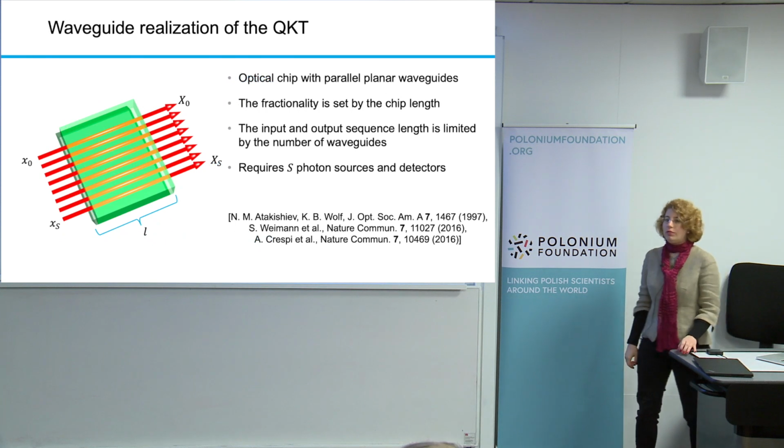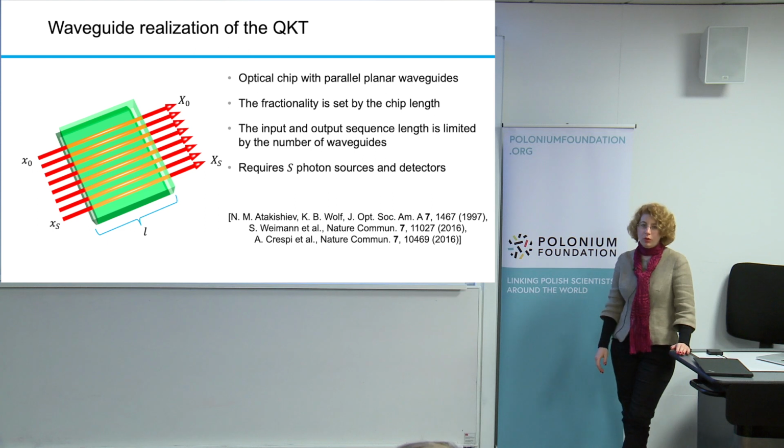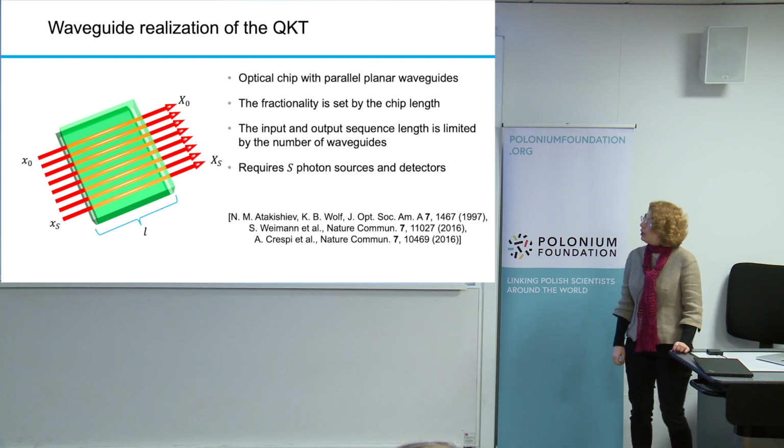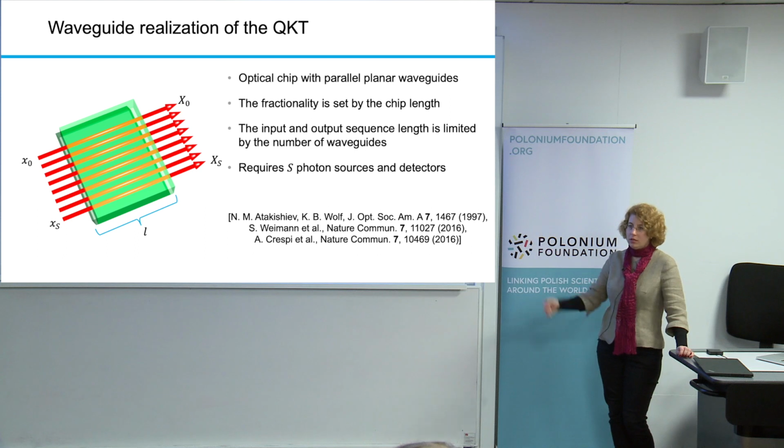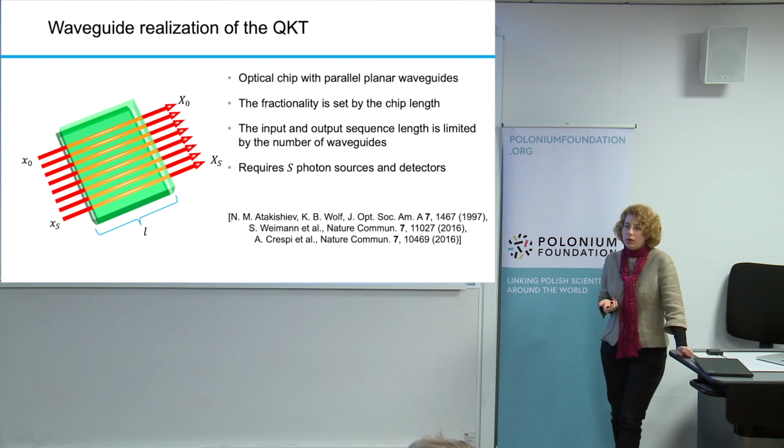There were already first attempts to employ quantum optics to perform this, and they were based on a planar waveguide, a chip like this. So it's a very small piece of glass chip with waveguides which are equally spaced, and this kind of chip can be easily prepared using laser micromachining.